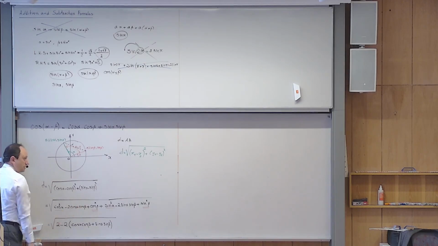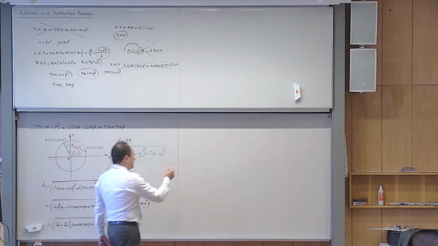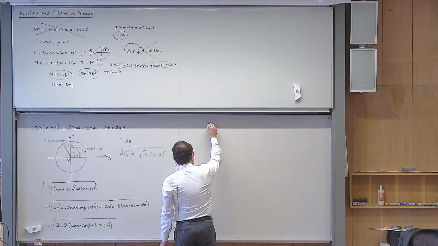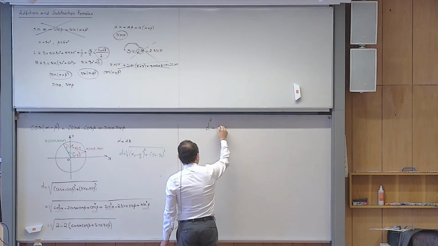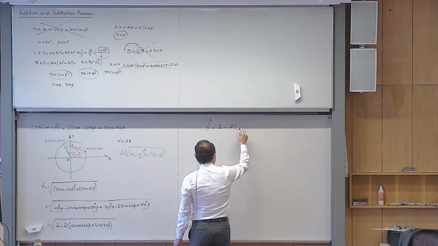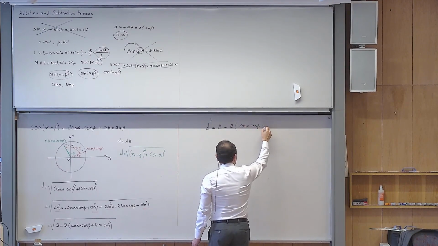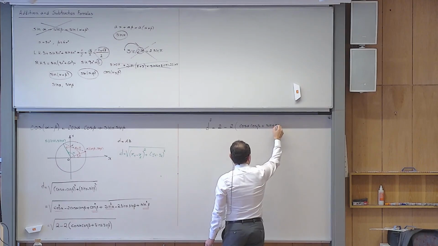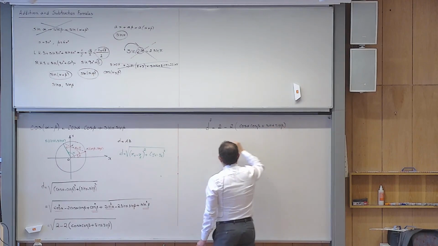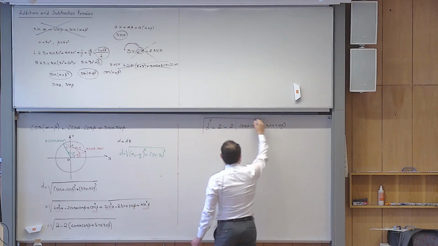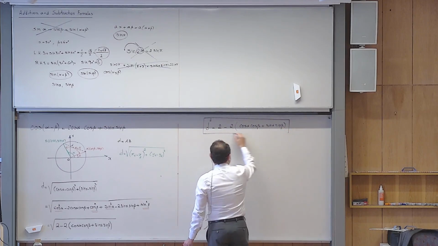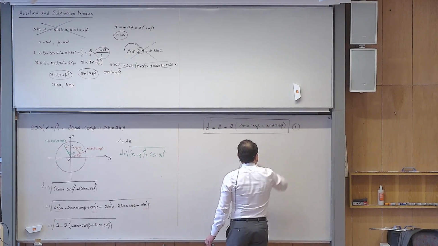I will register it here for future. So d squared is equal to 2 minus 2 times cosine alpha, cosine beta, plus sine alpha, sine beta. I can keep it in a box because I will need it shortly. So I will call it number 1.